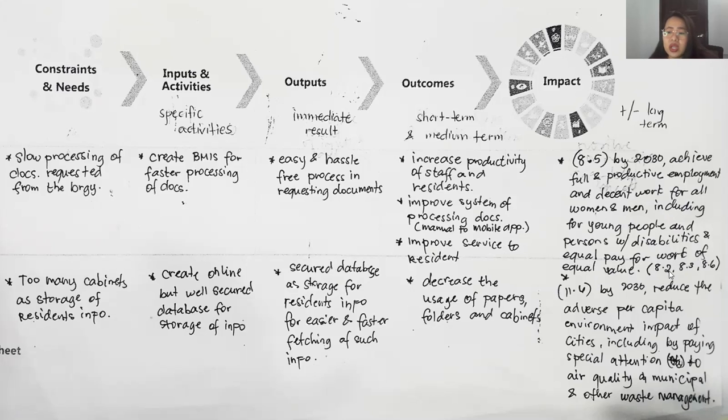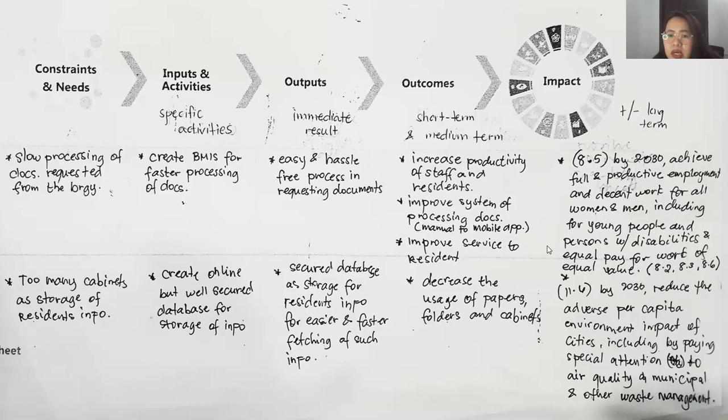So this was actually a discussion point, because as you can see, yung indicator na kinuha nila is not actually aligned with what their constraints and needs are. Because ang nakalagay dito, ang indicator ng 8.5, is employment and decent work for women and men, including young people and persons with disabilities, equal pay for work of equal value.